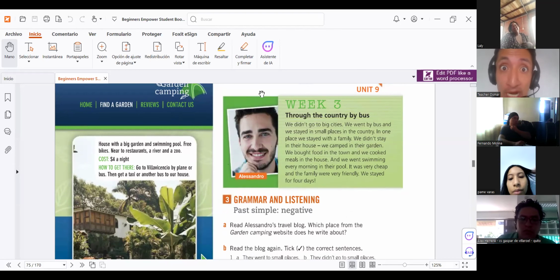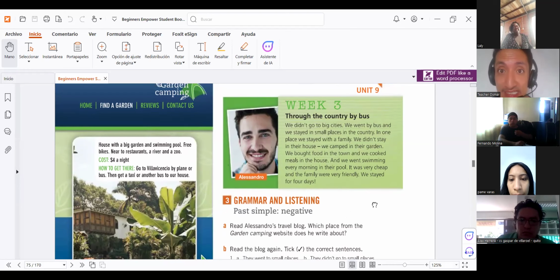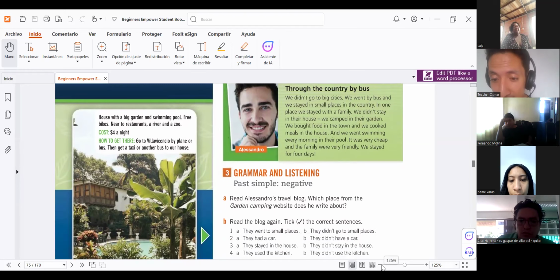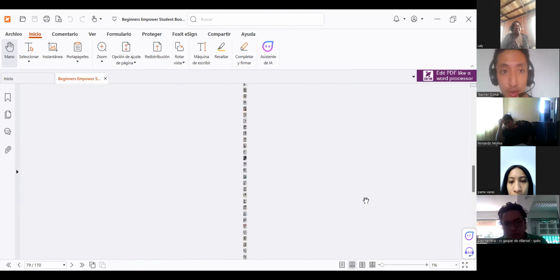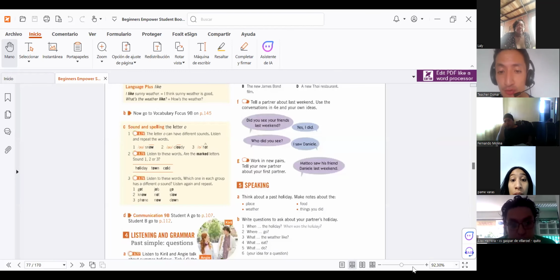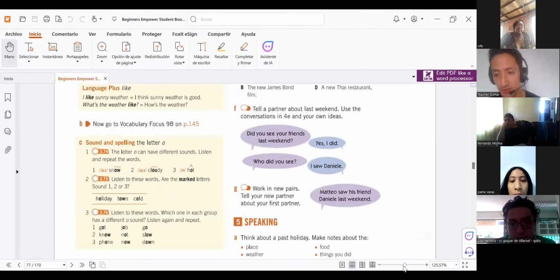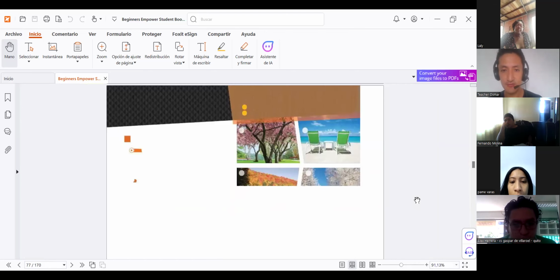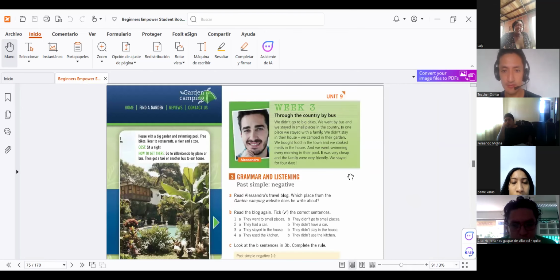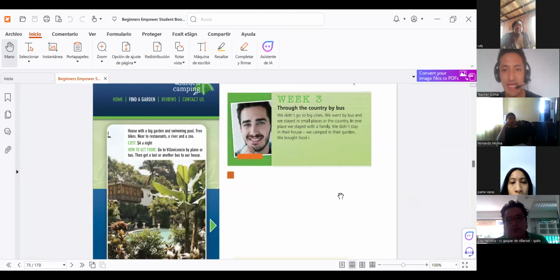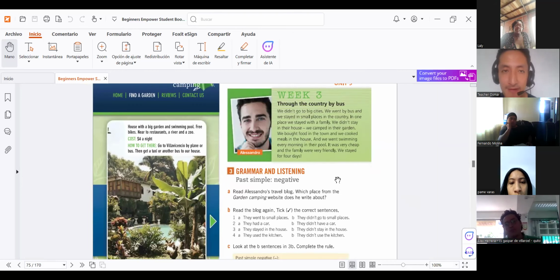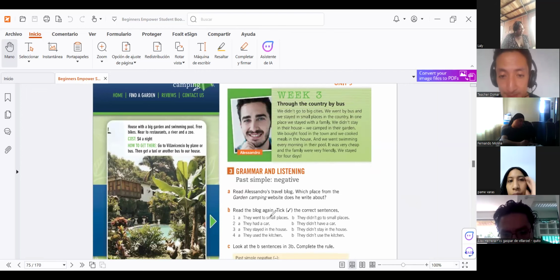We are going to do a reading activity about the negative sentences in the past simple. Okay, so what are we going to do? We are going to read first of all, and then we have to identify which of the next sentences are true for Alessandro.